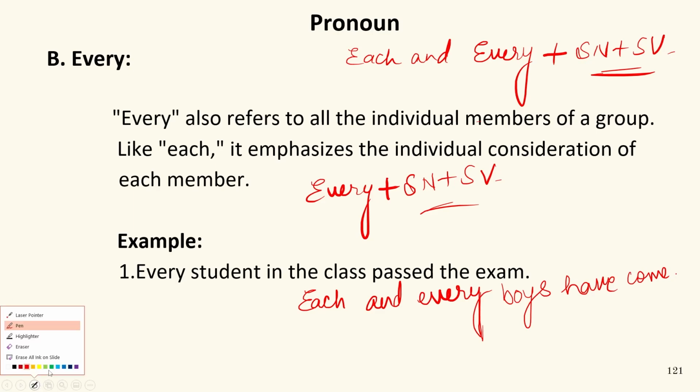No. The correct sentence will be, because each and every focuses individually on everyone, boys should be replaced with boy and have should be replaced with has. Now, the correct sentence will be, each and every boy has come. Now, the sentence is correct. So, each and every focuses individually on every member.